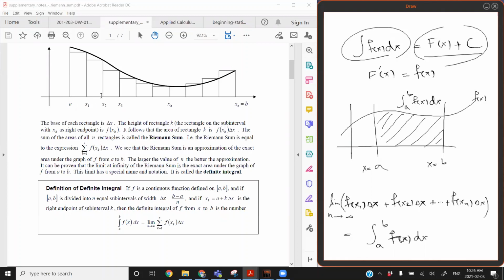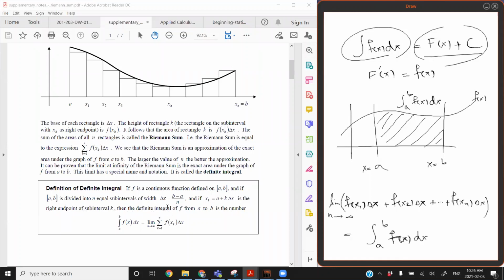Then x3 is going to be a plus 3 delta x's, and so on. So the formula for each xk is going to be a plus k times delta x. This is the right endpoint of the subinterval k.